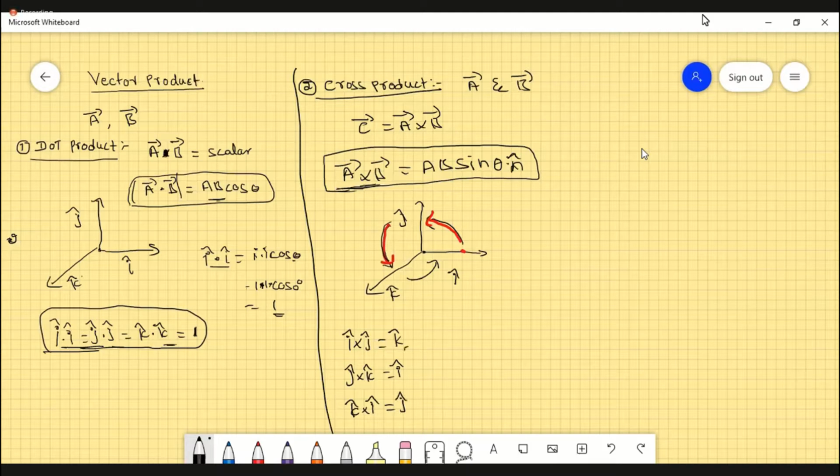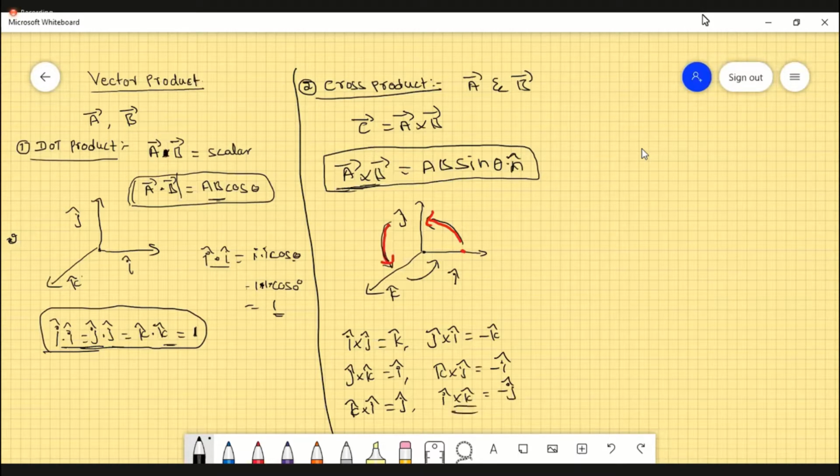If we change the direction, from y to x, and arrange the four fingers from y to x, the direction will be opposite, along the z-axis but reversed. So j cross i equals minus k, k cross j equals minus i, and i cross k equals minus j.